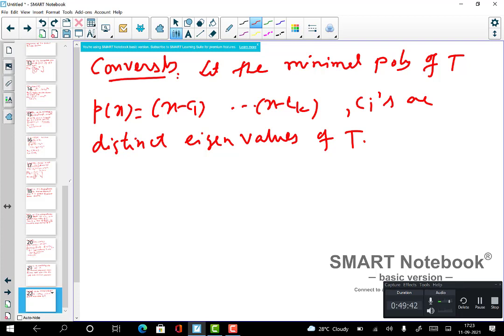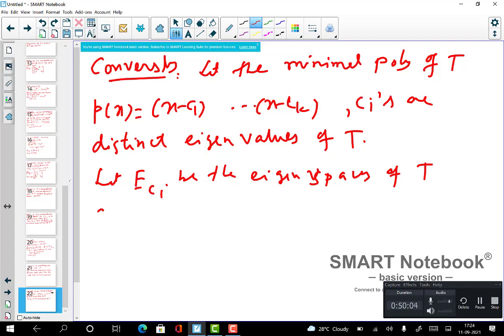You can choose the eigenspaces. Say let E(ci) be the eigenspaces of T corresponding to the ci's.